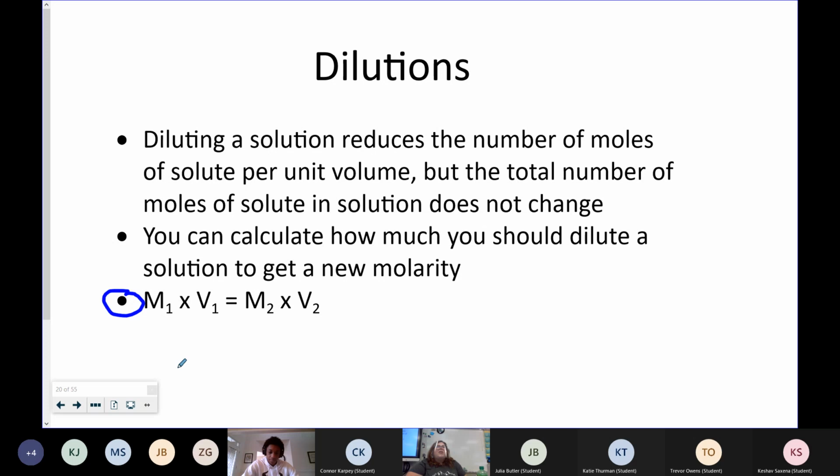So what we do is we dilute it to make it maybe a 1 molar solution. That's going to be much safer to use. But I have to know exactly how much of the 12 molar solution I need to make a 1 molar solution. So I have to know how much to measure out to dilute with water to get that new molarity.